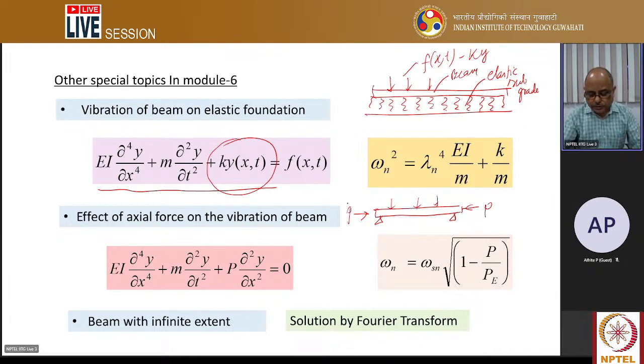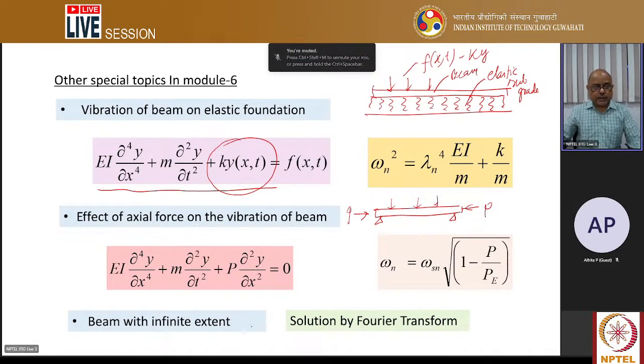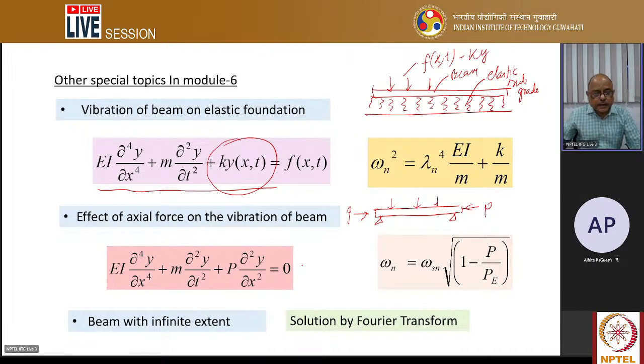So in that case, we considered a free vibration case here, and you can see that in the free vibration case no force is there on the right hand side, and this P del square y by del x square is the contribution of the axial force.